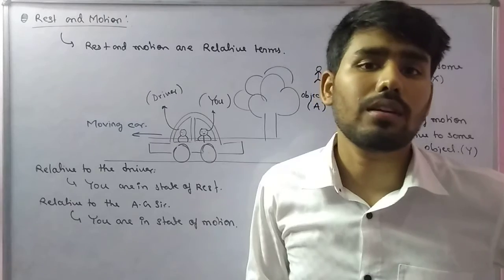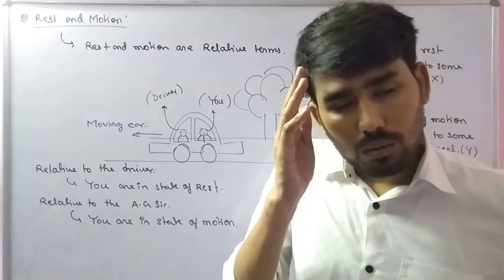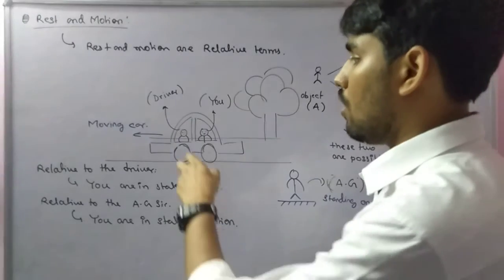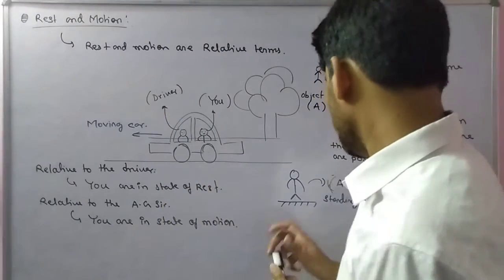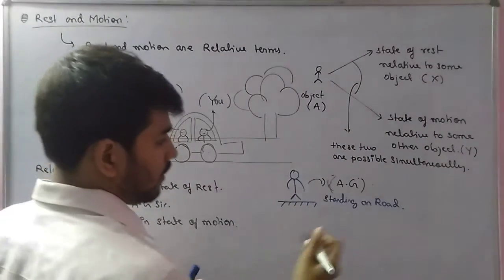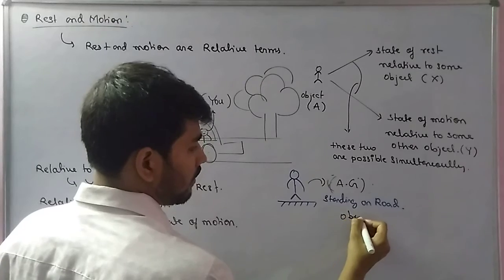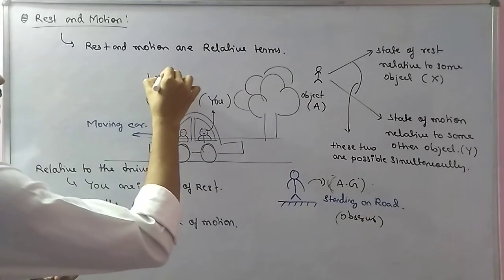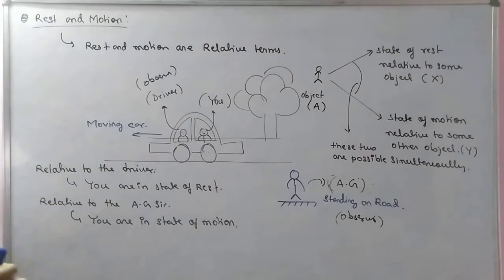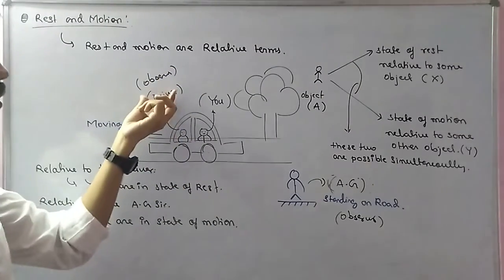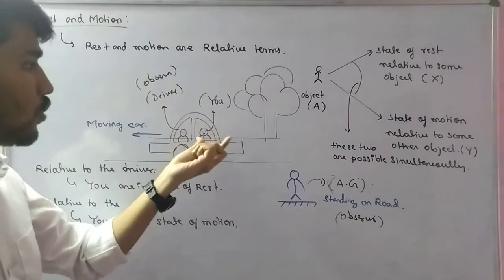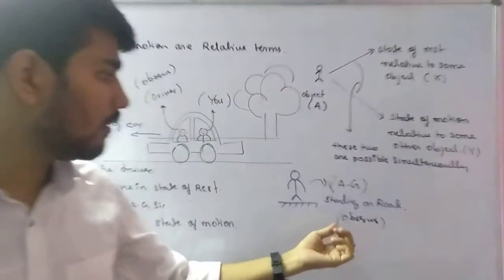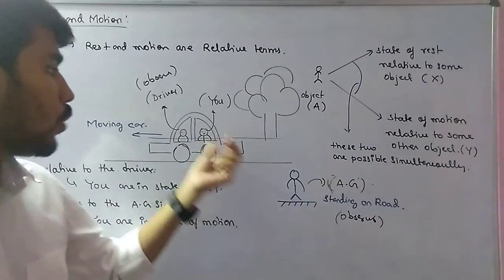So what do you mean by that? Motion and rest depend upon the observer who is observing. With respect to one observer, which is the driver, you appear to be at rest, and for the other observer, me, you appear to be in motion.